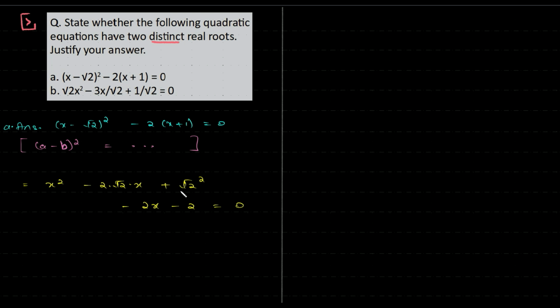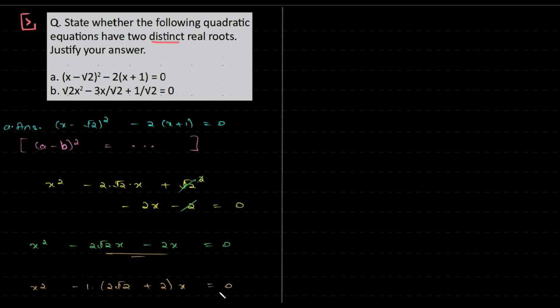To simplify, we can square and square root, we can cancel this. We have +2 − 2, they get cancelled as well, and we are left with x² − 2√2x − 2x = 0. We have x common over here, so x² − (2√2 + 2)x = 0.